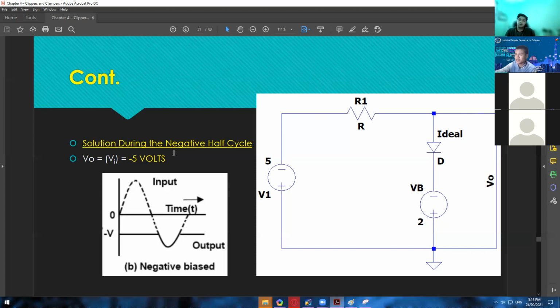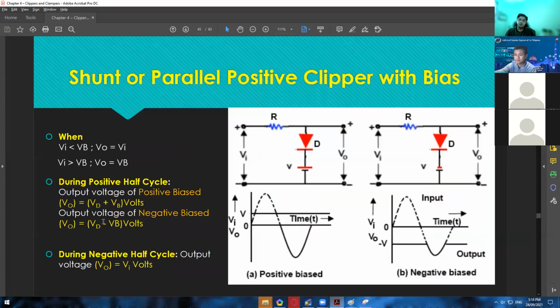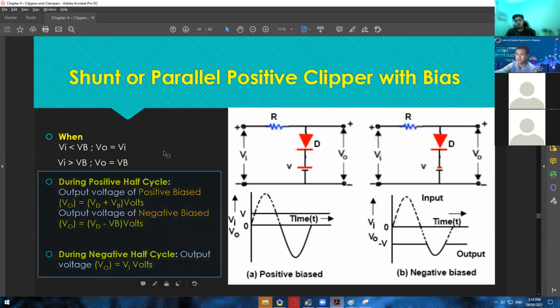Okay, so one more thing, just like what I mentioned a while ago, during the negative half cycle, you can heavily rely on this formula. So this will not change. It just depends on where the diode is or where the resistor is. If the setup is this kind, then this one is for sure a shunt or parallel positive clipper or negative clipper.